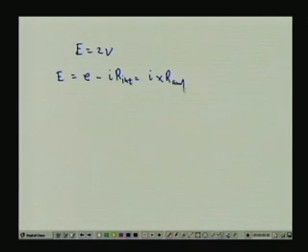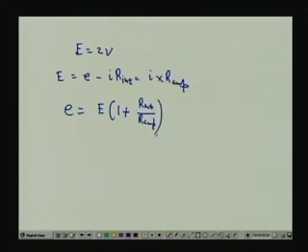So, it will look like that: E is equal to 2 volt here. Now, the output voltage will be given by E minus I R internal equal to I into R amplifier. So, E equal to E1 into 1 plus R internal upon R amplifier, where E is the voltage induced due to the magnetic field and also the open circuit voltage.